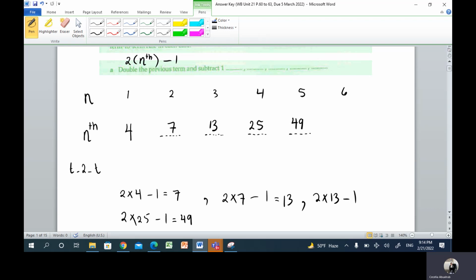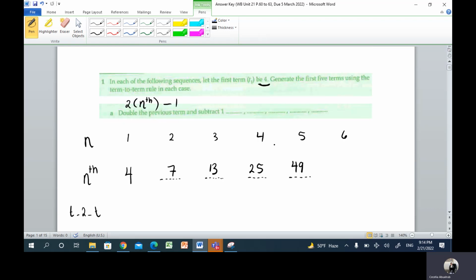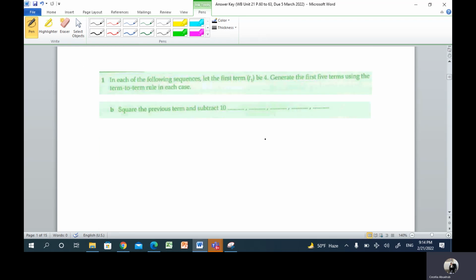They told us to only find the first 5 terms in this sequence. Let's go to the next. In each of the following sequences, let the first term be 4. Like we explained, there is n, 1, first term, second term, third term, fourth term, fifth term, sixth term, and so on. And then there is the nth term.